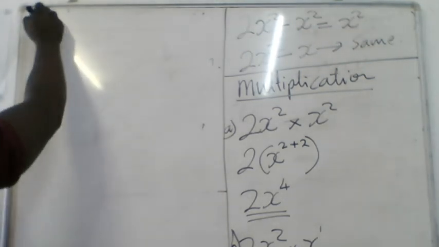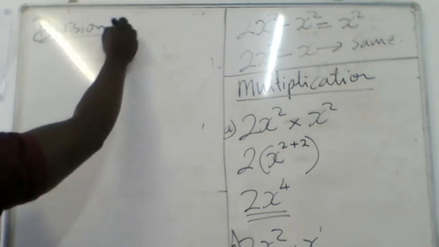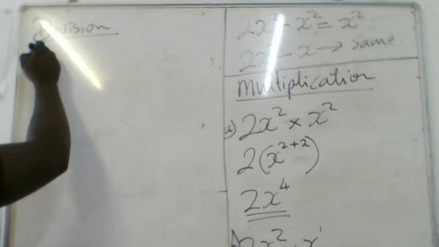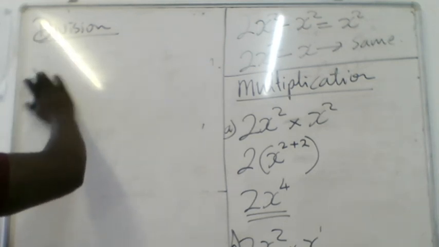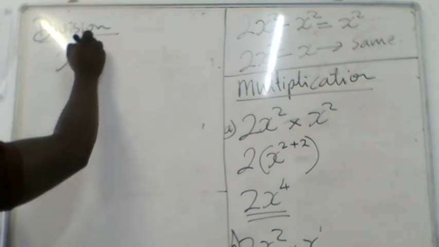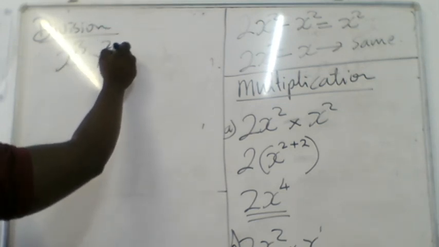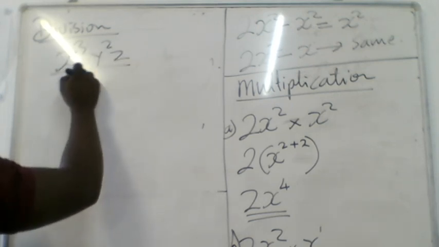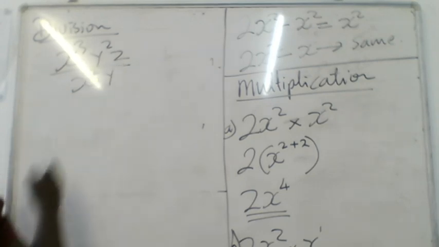So we come to division of exponents. I'll say x cubed y squared z divided by x squared y.